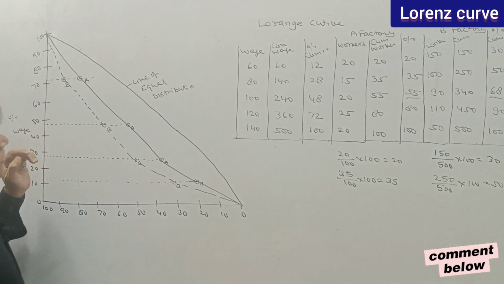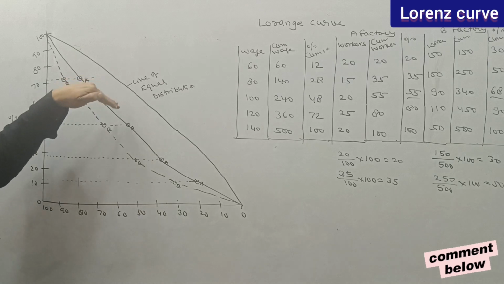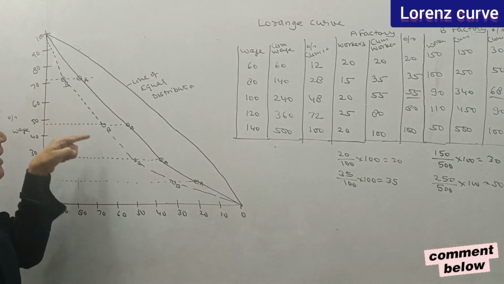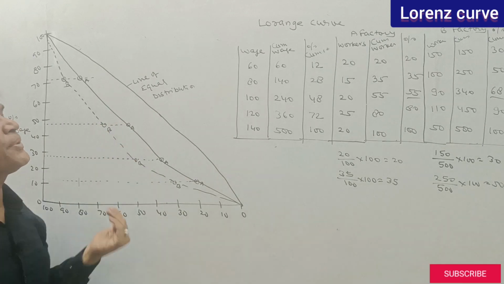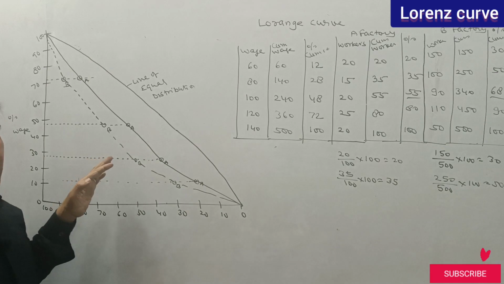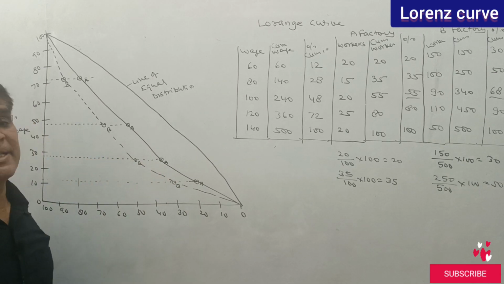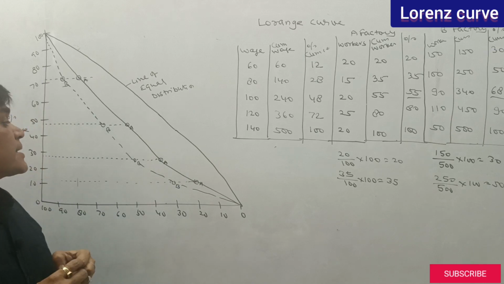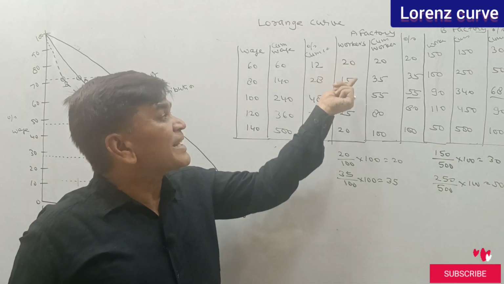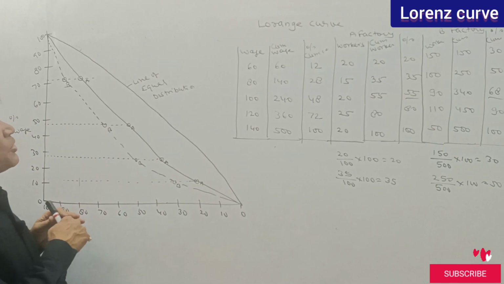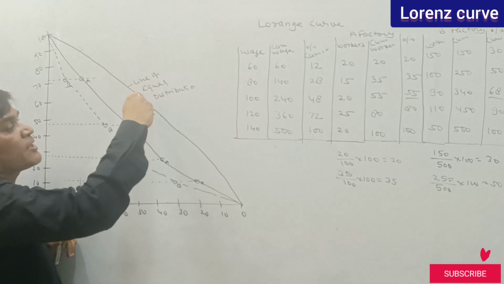Here we can say A series is near to the line of equal distribution and B graph is far from the line of equal distribution. So this is the Lorentz curve. With the help of it we can say that the wage and number of workers have more consistency in A than B, because this is the line of equal distribution.